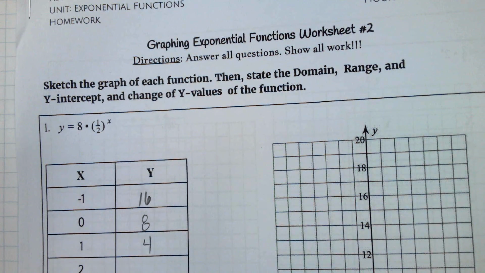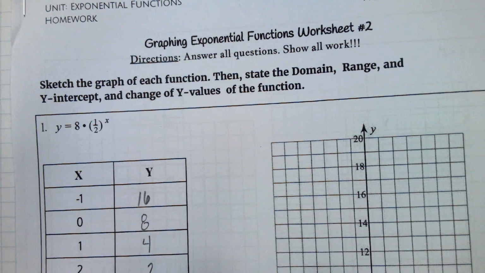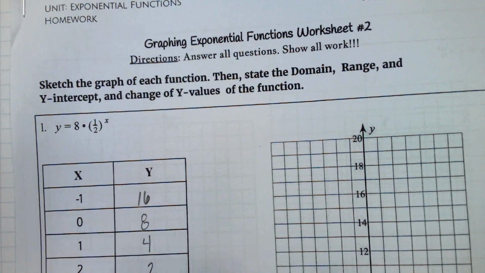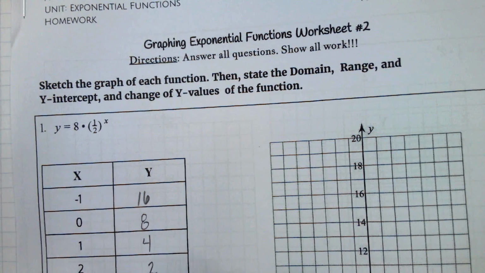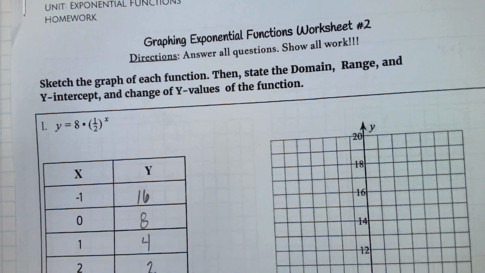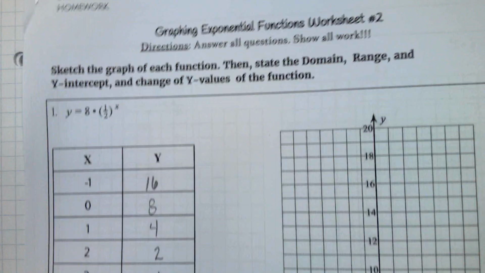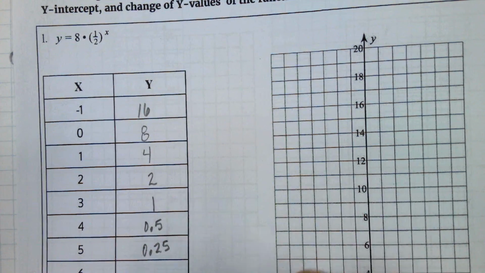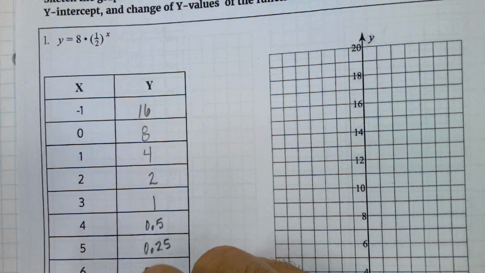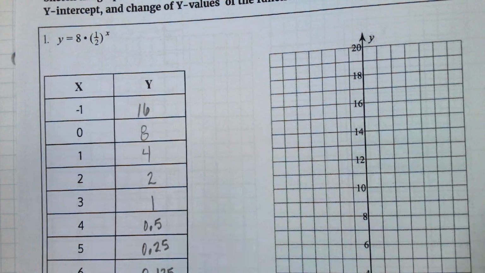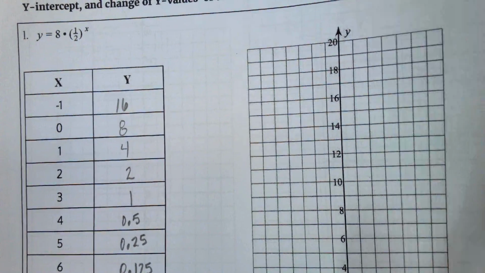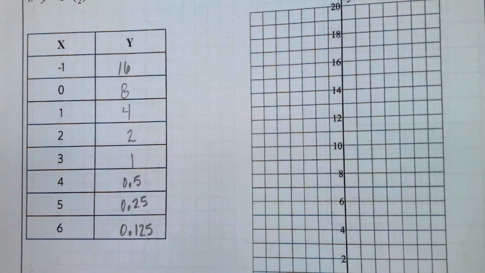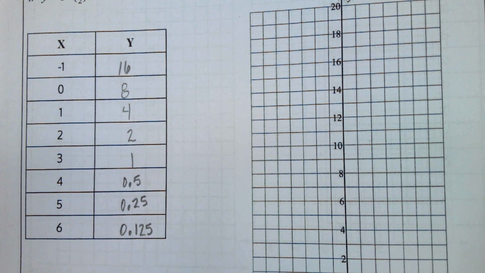Yeah. So this would be 2, 1, and okay. So this is what we get.